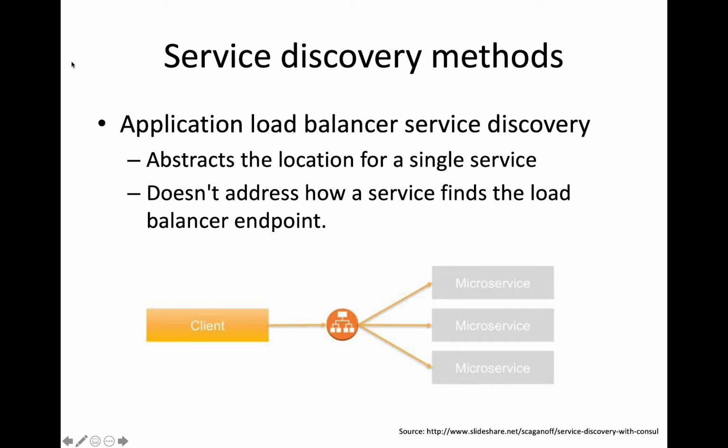So how does it discover the application load balancer location? You still have a service discovery problem that you need to solve there. You have abstracted away the location of those microservices that you want to communicate with, but you still need to figure out where the load balancer is located.